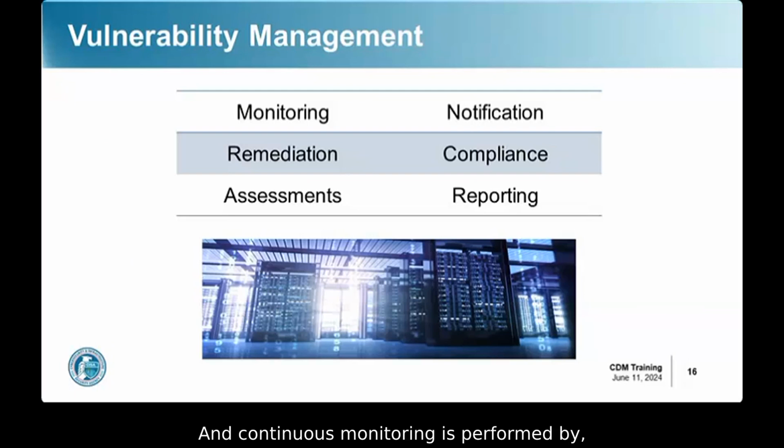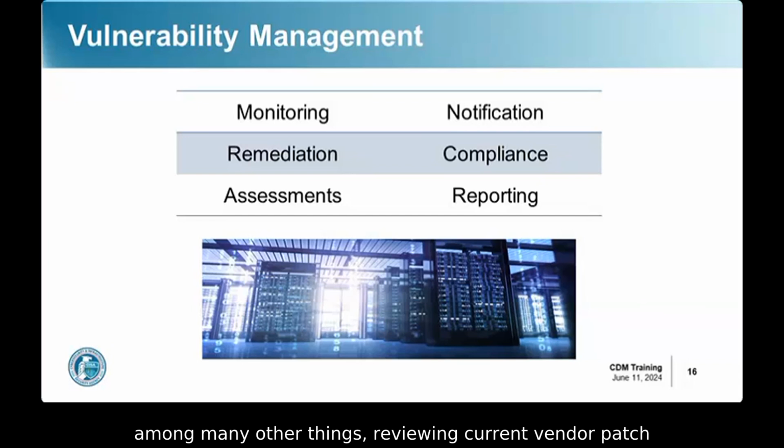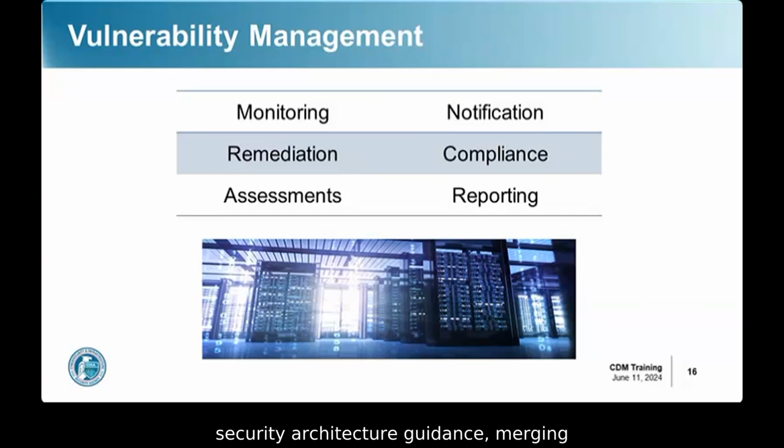And continuous monitoring is performed by, among many other things, reviewing current vendor patch notifications and security configuration best practices, security architecture guidance, emerging threats and vulnerabilities, those sorts of things. We talked about continuous monitoring a little bit ago. Keeping up on these things really goes a long way in your vulnerability management.